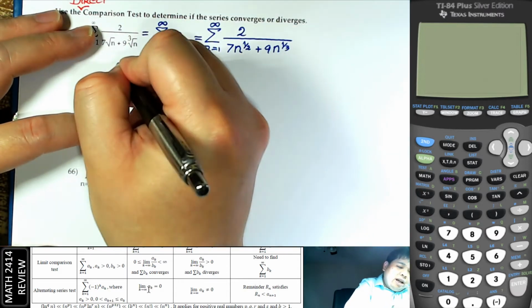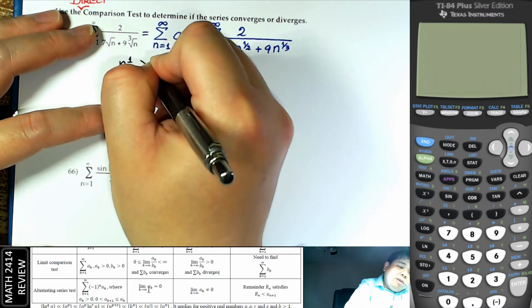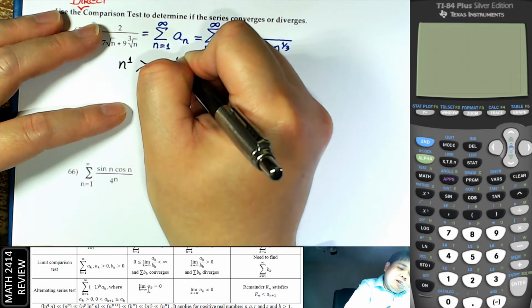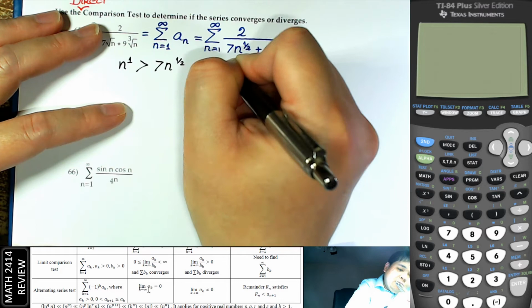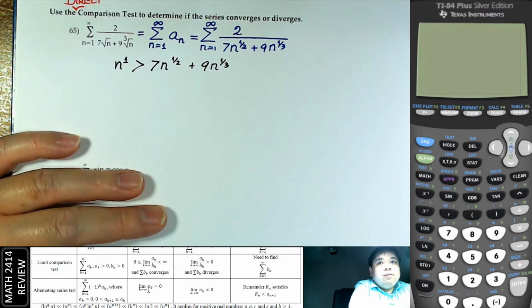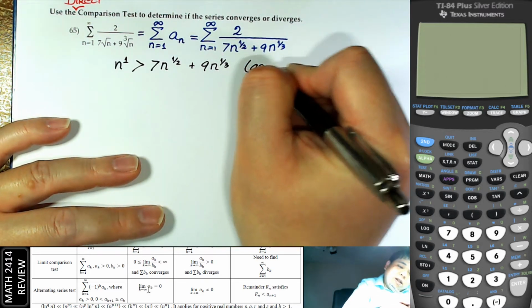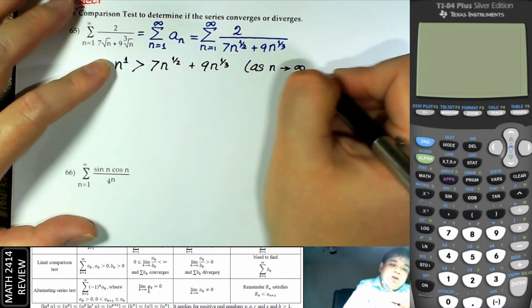So we start with n to the first power. Of course, it's going to be bigger than anything with the lesser power, especially as n goes to infinity. So this one goes faster to infinity than the other two.